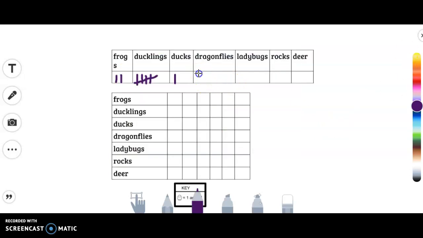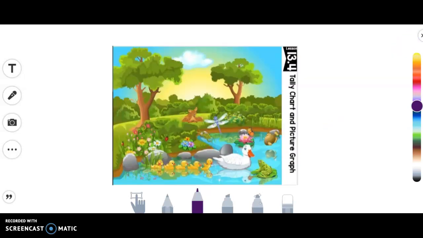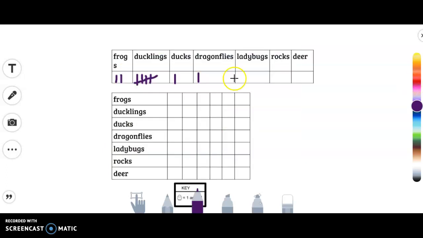So we're going to tally 1. Ladybugs is next. They're kind of hard to see. Think about what color ladybugs are. I see 1, 2. We're going to tally 2. Tally 1, tally 2.